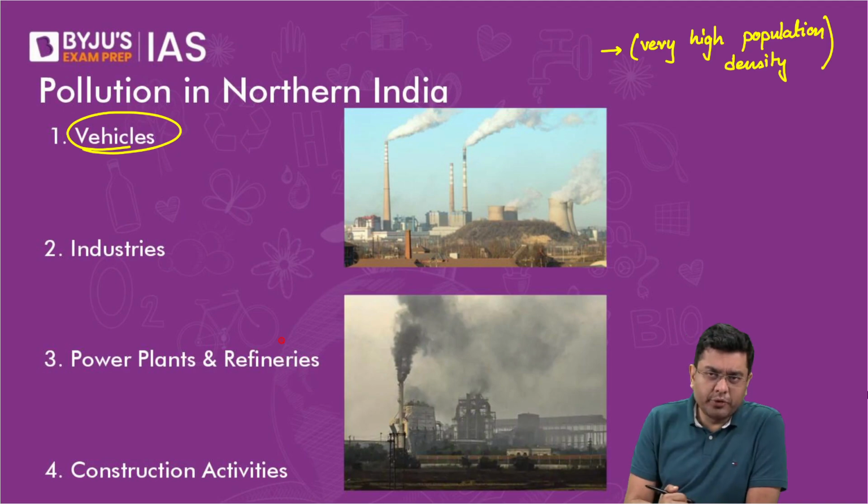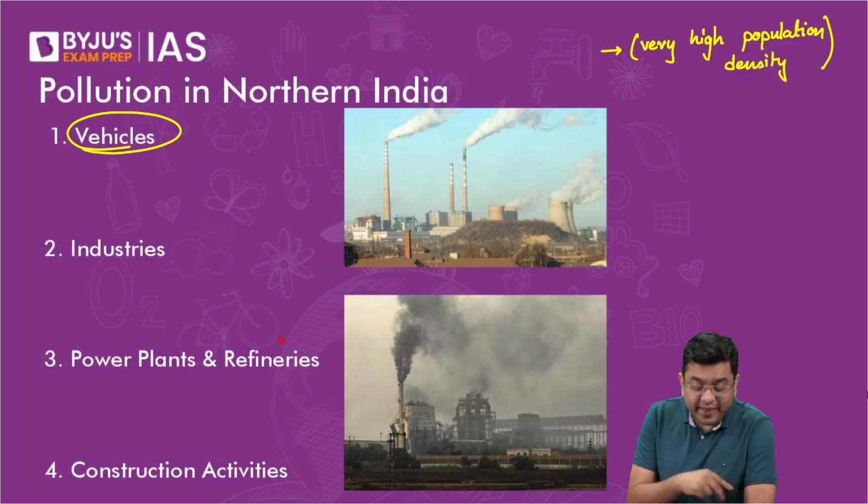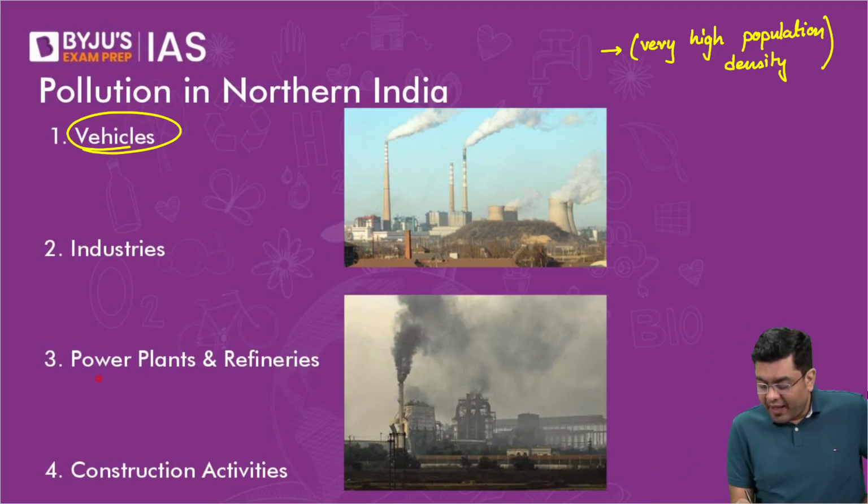And power plants also, because most of the power plants in our country are thermal based, and most of them operate on coal, right? So thermal power plants basically run on coal. That is why burning of coal happens. This releases compounds such as fly ash.